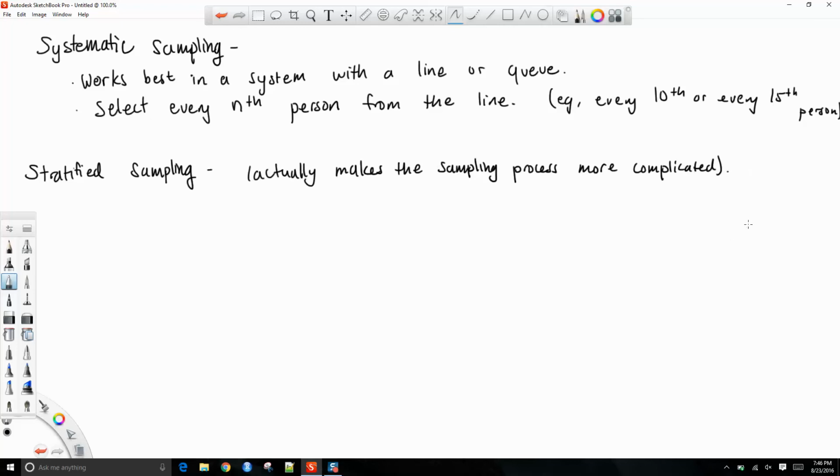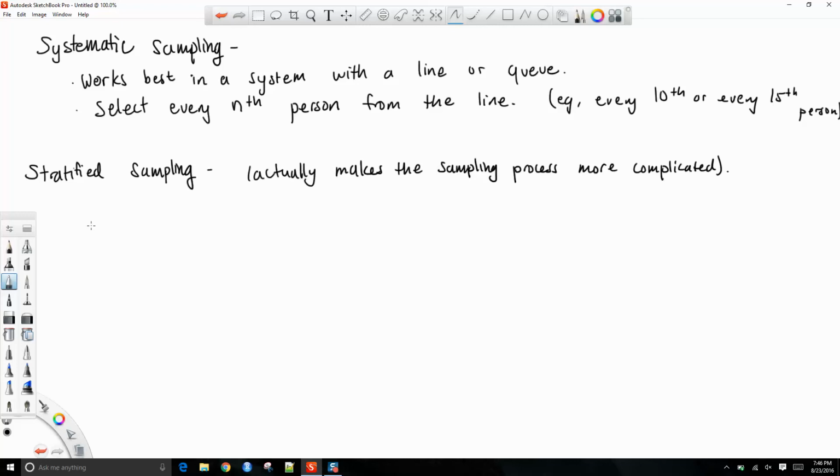The way this works is, let's say you suspect that certain demographic characteristics are related to the responses that people give.